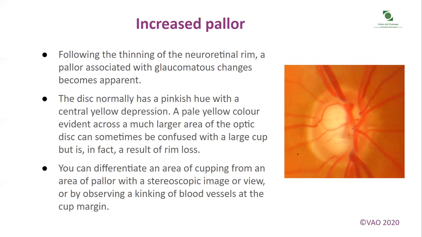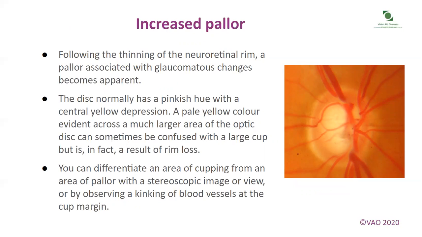Increased pallor. Following the thinning of the neuroretinal rim, a pallor associated with glaucomatous changes becomes apparent. The disc normally has a pinkish hue with a central yellow depression.